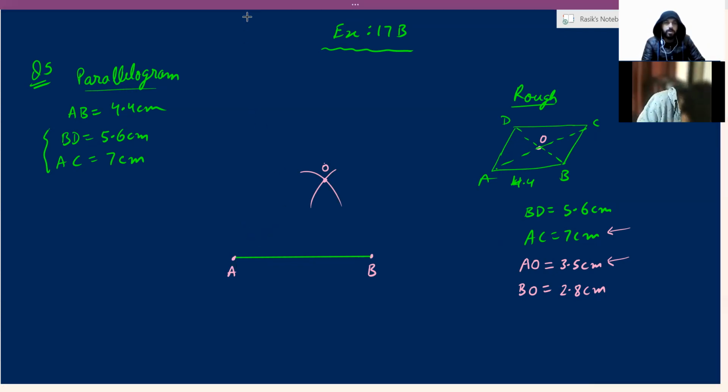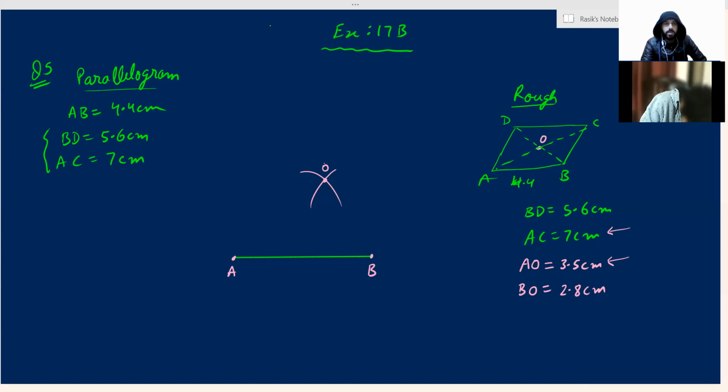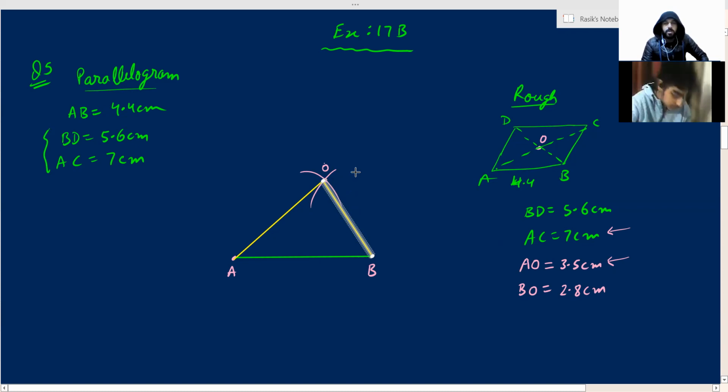Join AO and BO. I'm joining the diagonals. This is not actually the whole diagonal, this is only half of the diagonal. My figure is not with proper measurement, so it could be a little different from the actual measurements, because I can't use a scale here.